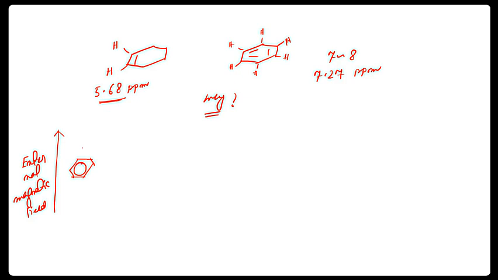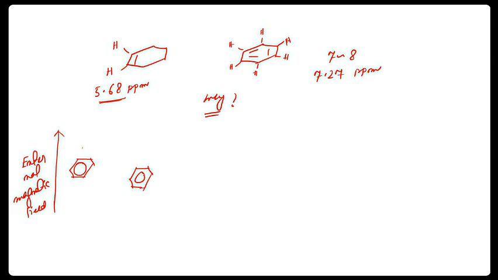So I have exposed this benzene to an external magnetic field. So benzene will try to resist itself from this external magnetic field. So how can it do that? Basically, benzene has a circular pi electron cloud. So there's a ring current around the circular pi electron cloud. So let's say this is the benzene. This is the pi electron cloud.